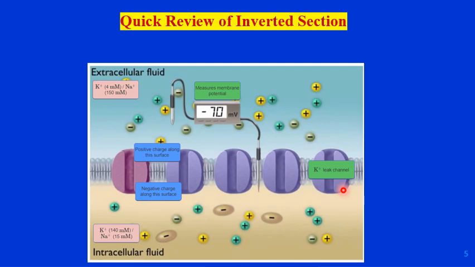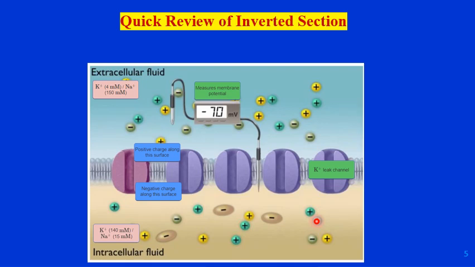Now notice that you have these channels on the membrane. They're called leakage channels. They leak ions out, mainly potassium. So you have some leakage potassium channels that allow some potassium to escape from the inside of the cell to the outside. Okay?